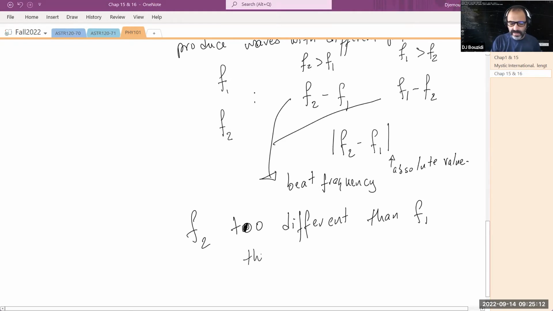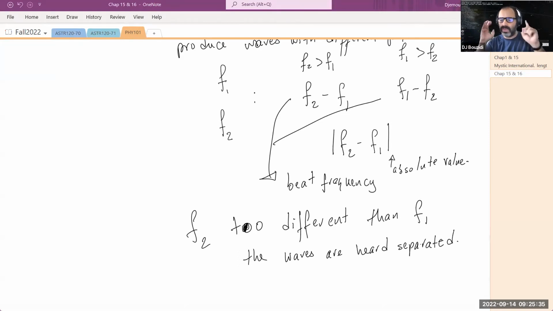The waves are heard or picked up by the receiver separately. You will find this tone completely different from that tone, and you will hear them differently. No question about it.